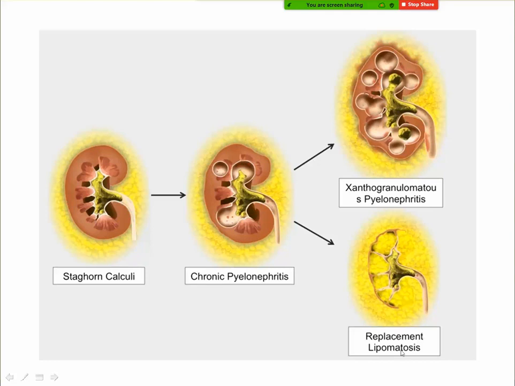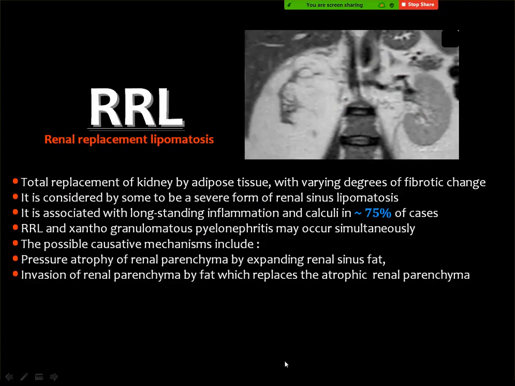Then after some time, you got a total replacement of the renal parenchyma by fat, which is known as replacement lipomatosis of the kidney. And there is some information about this topic. It is total replacement by fat with variable degrees of fibrotic changes.